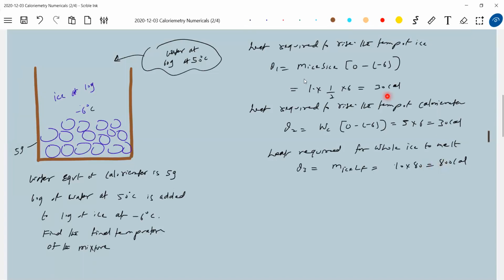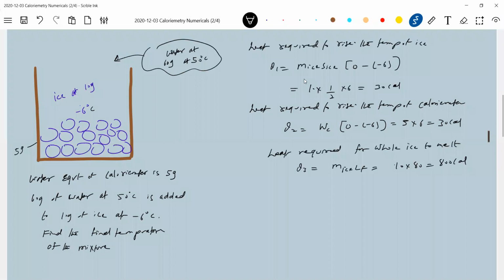So the final temperature, can it be less than 0, equal to 0, or more than 0? More than 0. Because if the temperature of water decreases from 50 to 0, 3000 calories are available, and just 860 calories are needed. So therefore, the final temperature of the contents of the calorimeter will be more than 0.